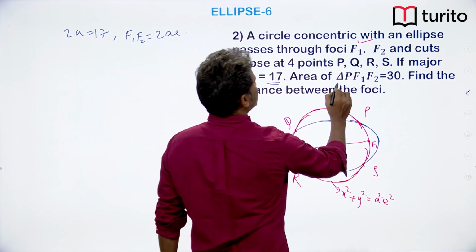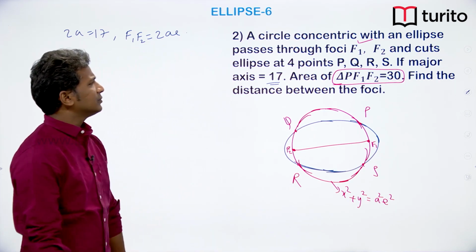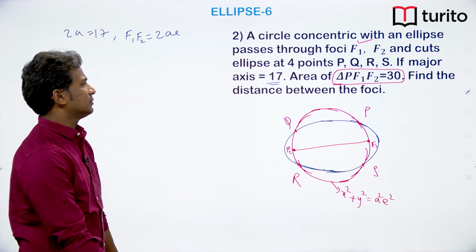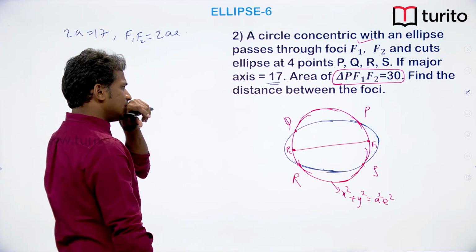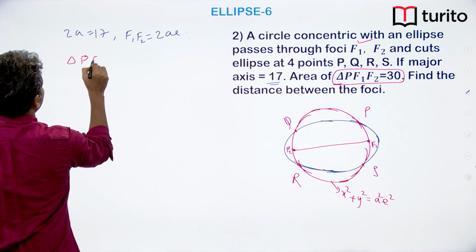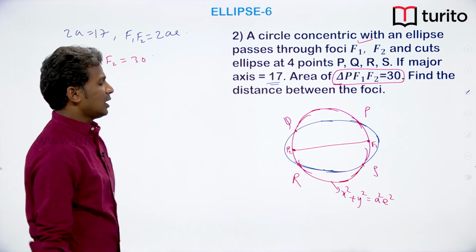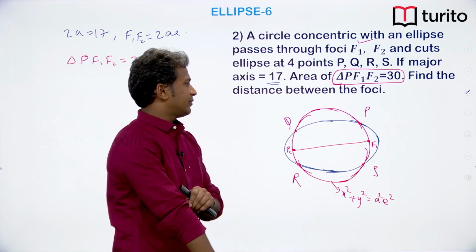And that is it, the area of the triangle P F1 F2 is given as 30. So delta P F1 F2 is going to be 30. Now let me do it in a different way.